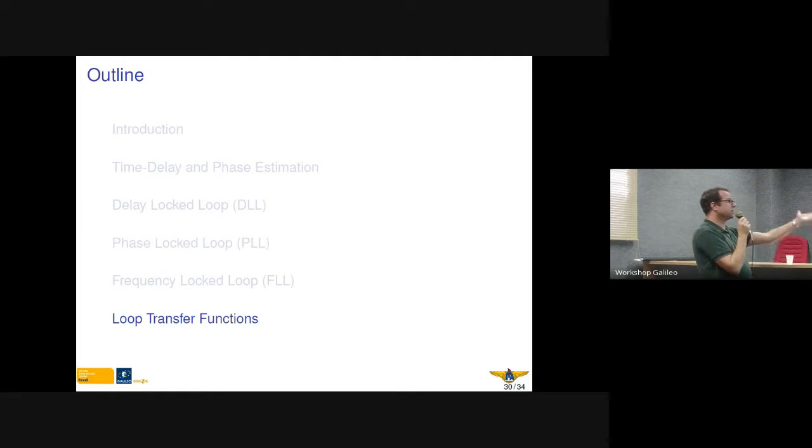Now let's talk about transfer functions in the last 4 slides. Transfer functions are important to characterize the behavior of the loops, and I will just show them briefly, and then in a sort of self-study, you can go on using these and exploring these.